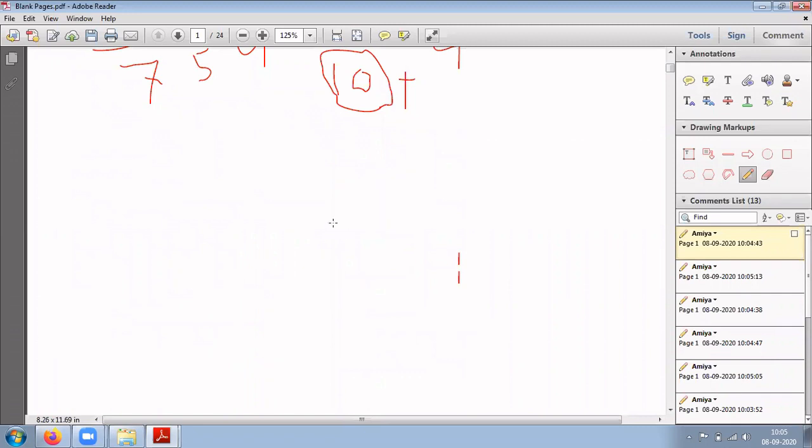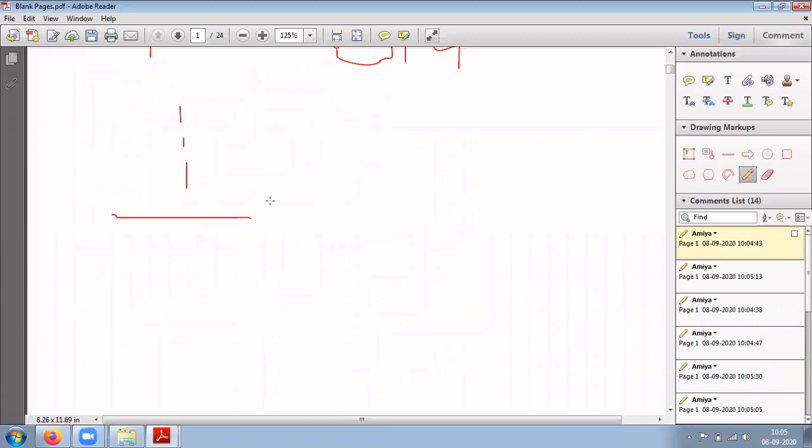No, sir. Sir, can you explain it again? Look, how is this 3 coming, and how is this 11 coming, I am telling you. 1 plus 1 plus 1 is 3, right? Out of 3 I can write this as 2 plus 1.